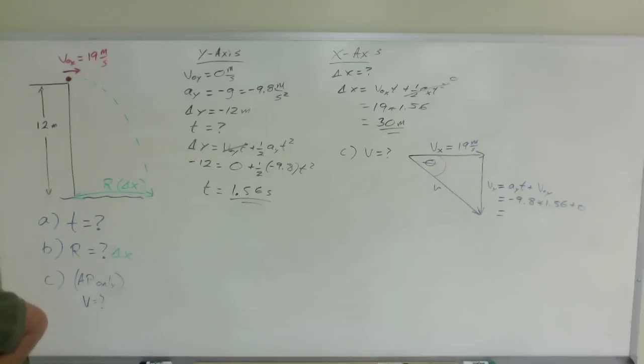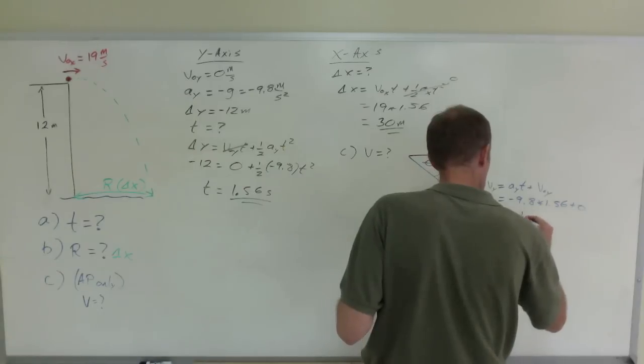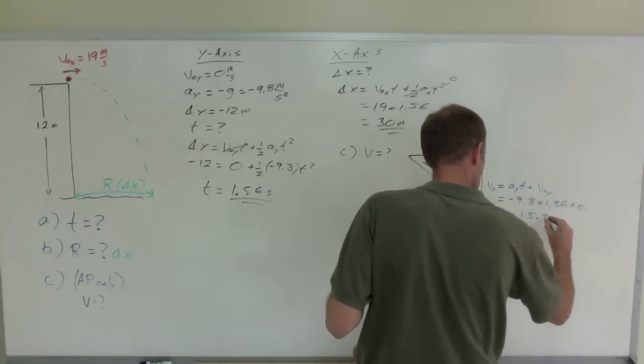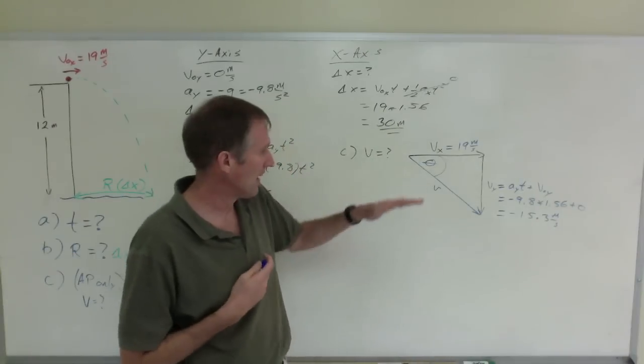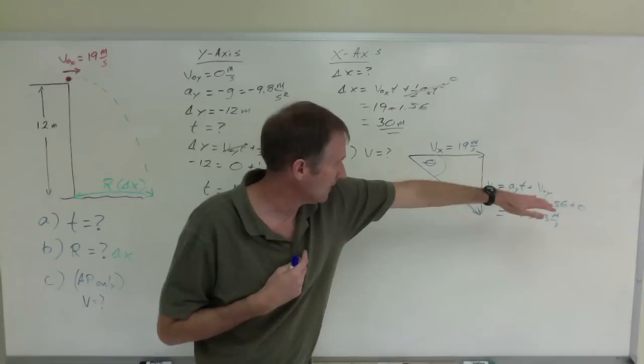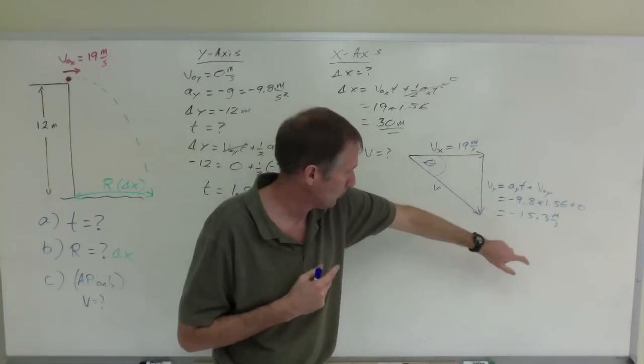And that comes out to be negative 15.3 meters per second. And what this means is that when it hits the ground, it is traveling over at 19 meters per second, and it's falling at 15.3 meters per second.